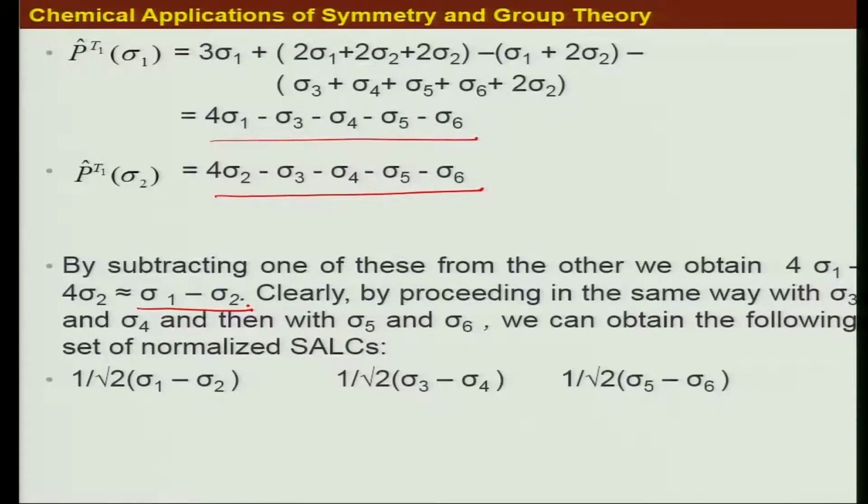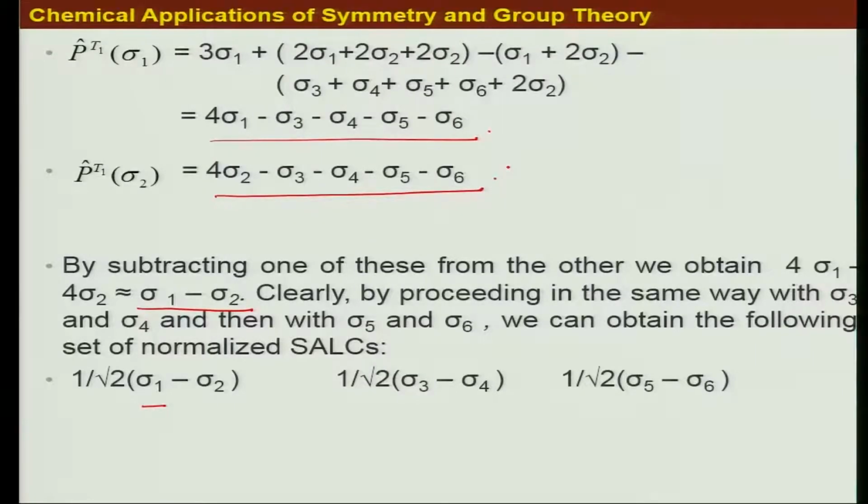If you keep going in the same direction, you can operate the projection operator on sigma 3, sigma 4, sigma 5 and sigma 6, and ultimately you get the SALCs and then normalize. So you get the orthogonal functions, because this and this should ultimately be orthogonal.